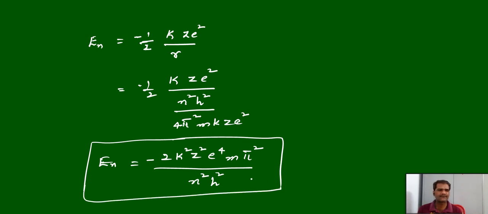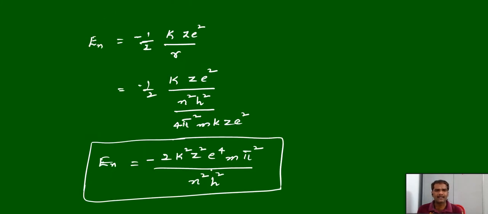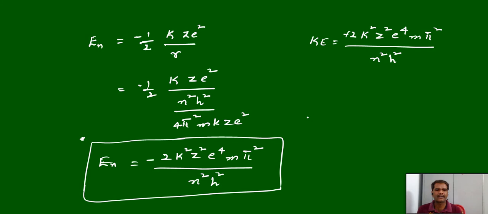In the previous values we had radius terms, but here there is no radius value, we substituted the radius value also. Sometimes they may ask you the potential energy value in terms of this n value. For example, if they ask kinetic energy in terms of this, you will get the same, but instead of minus you will get plus 2 K square Z square E power 4 m pi square by n square h square.